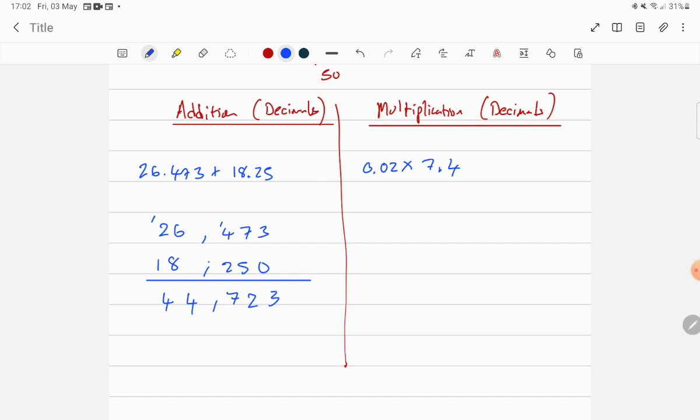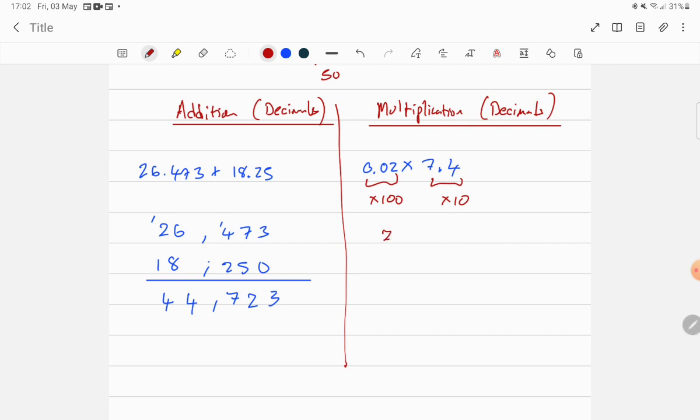When we multiply decimals, we first need to get rid of the power. This is, more or less, a shortcut. So firstly, we need to get rid of this comma here and this comma here. So we times this by 100 and we times this by 10. And once we multiply those two, we then divide by 100 and divide by 10 as well to get our answer.